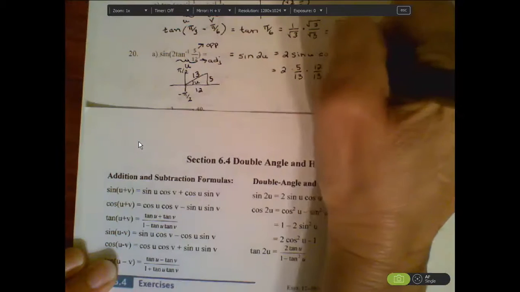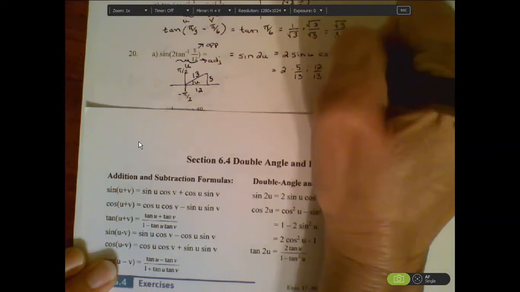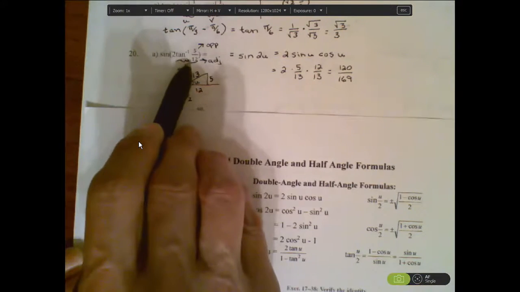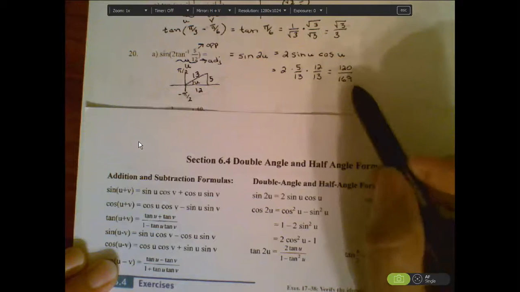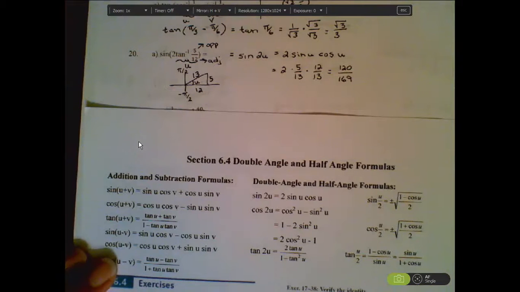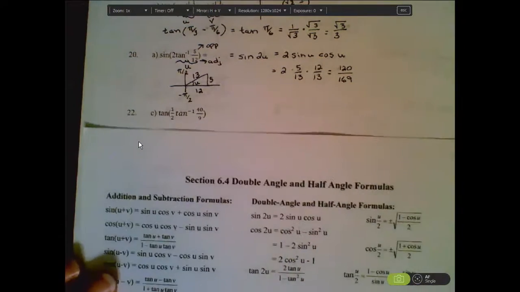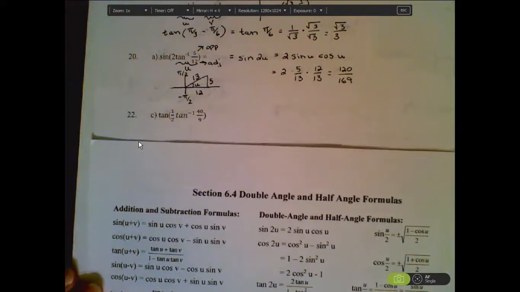Just multiply straight across, and you have the sine of 2 inverse tangent of 5/12 is 120 over 169. All right, we have one more of these before we have my second most favorite problems in the book.